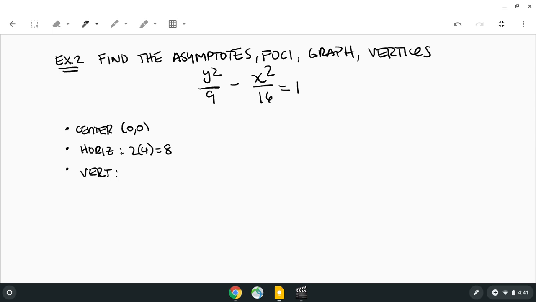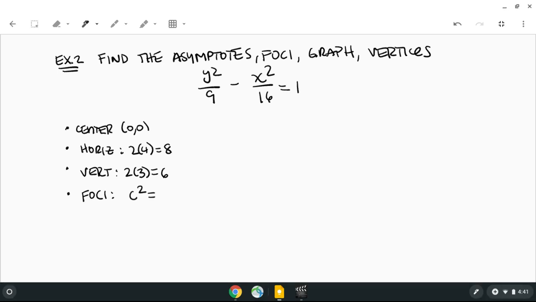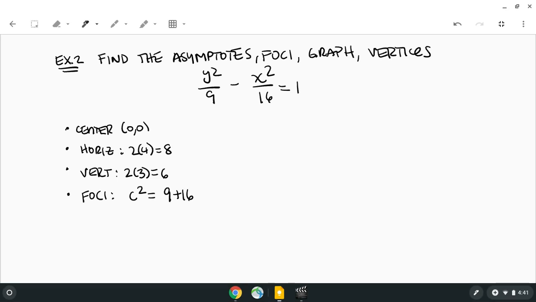X is horizontal. Vertical, that's y. Underneath the y squared is 9, so square root of 9 is 3. So 2 times 3. And then my foci, we know c squared is equal to 9 plus 16. So that's 25, so c equals 5.